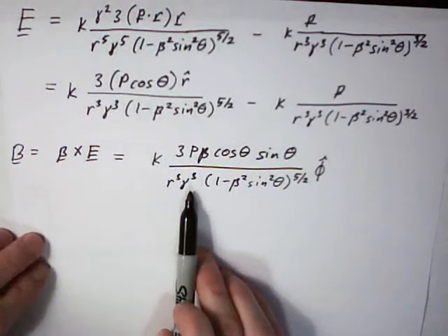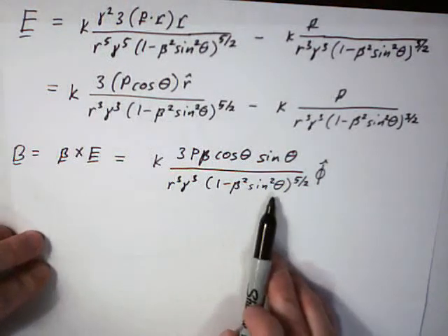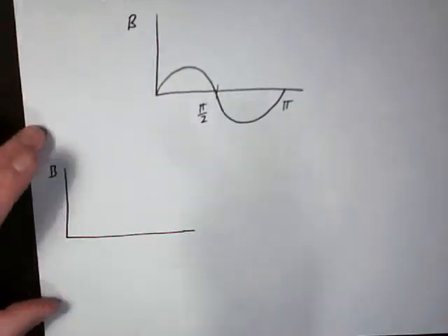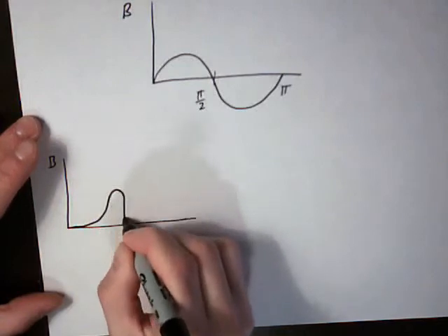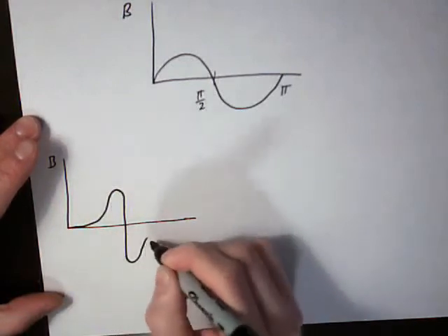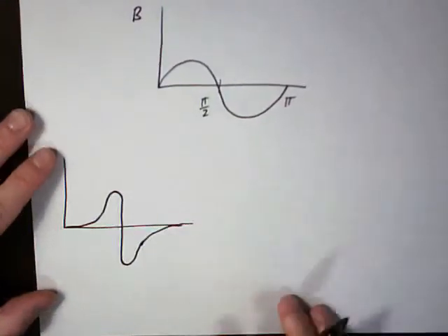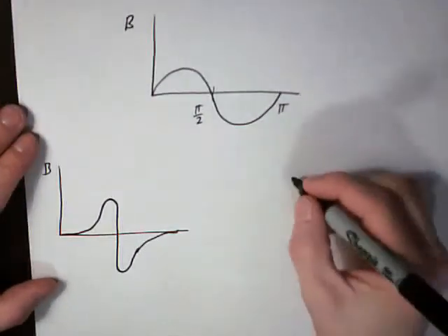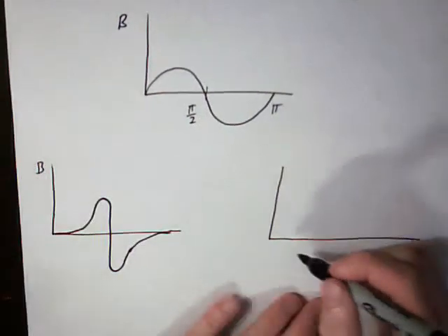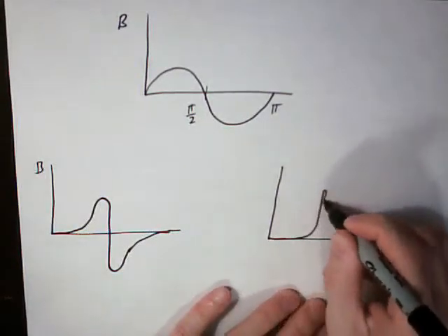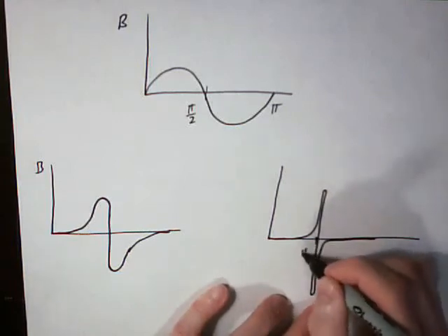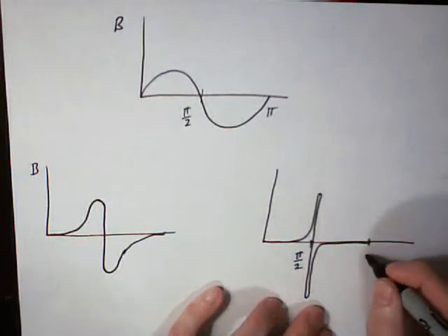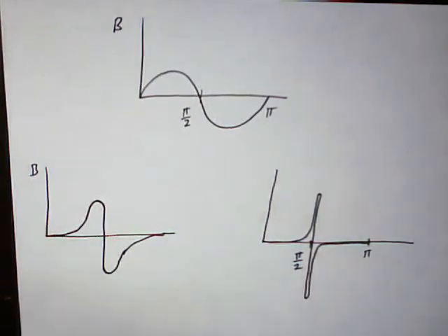Of gamma to the third, and then 1 minus beta squared sine squared theta to the 5/2. And basically that extra theta dependence deforms this thing to look something like that. And then as you really get close to the speed of light, it basically becomes an impulse at pi over 2, and the magnetic field is virtually 0 everywhere else.